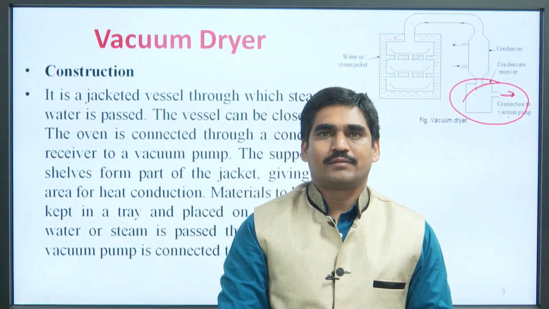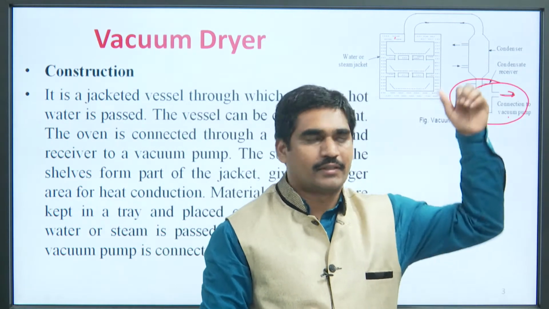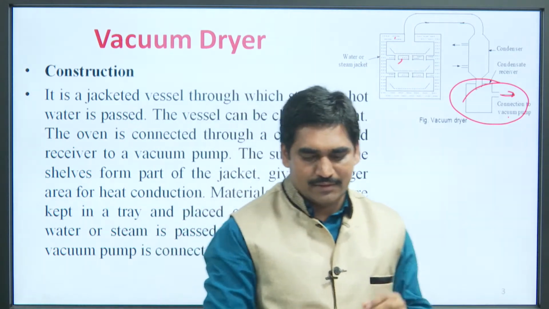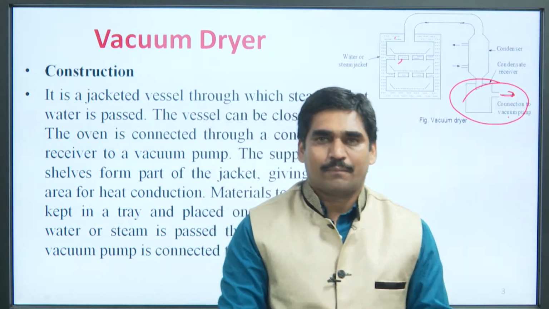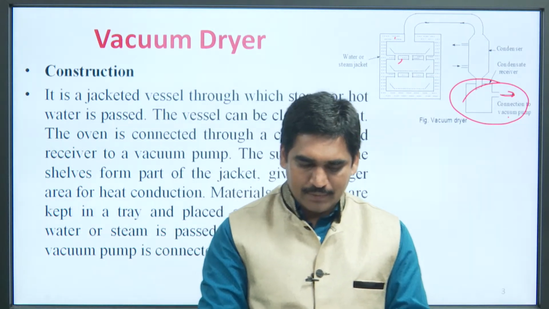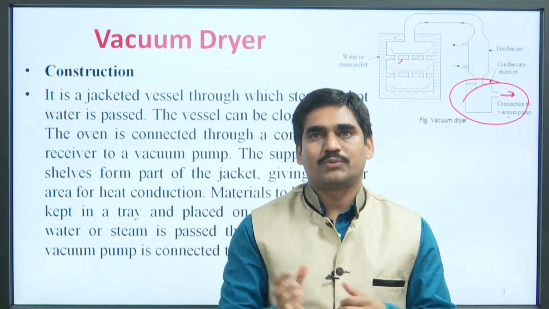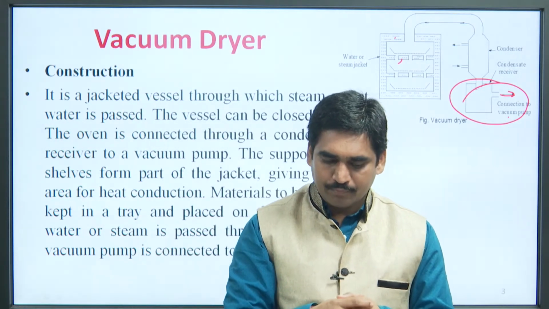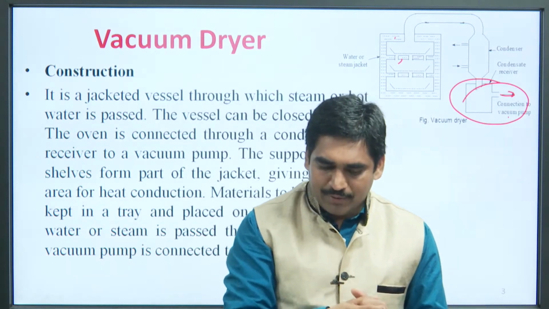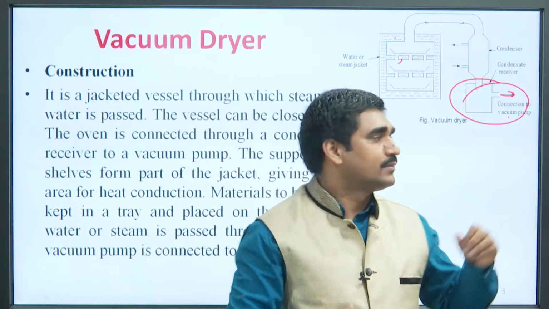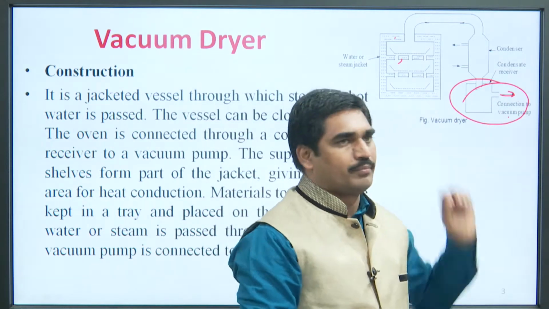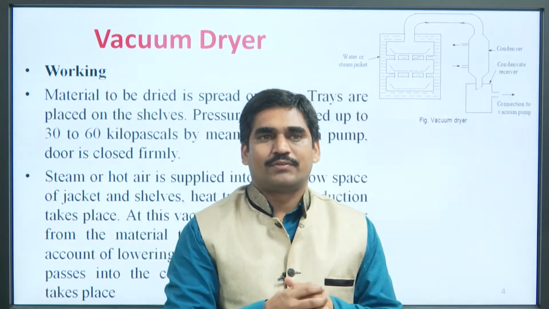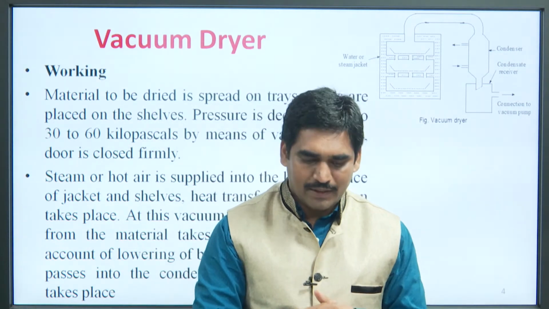The materials which are to be dried are kept in these trays. After placing them on the shelves, hot water or steam is passed into this jacket, and vacuum is created with this vacuum pump.